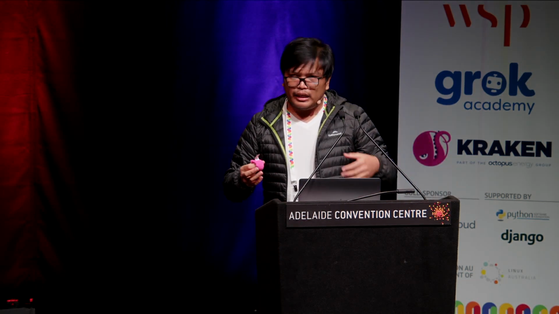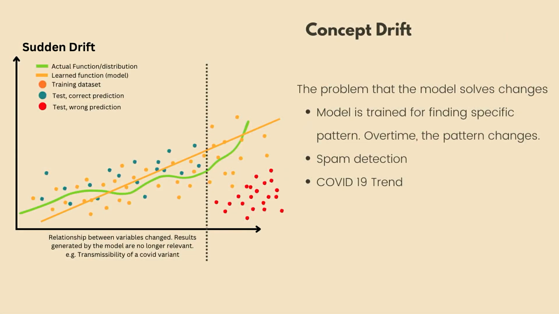Now, just a brief preview about concept drift. It typically involves the problem that the model is trying to solve suddenly changing. I drew that graph. I'm not sure if it's good or not, but it's cute. Here we can see that initially the model is predicting the data points in blue correctly.